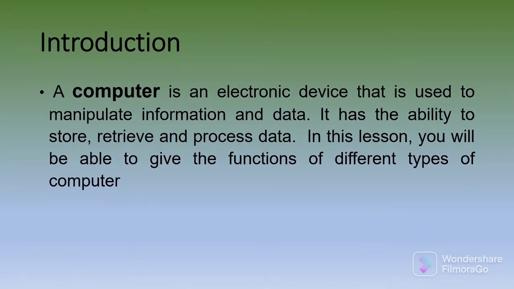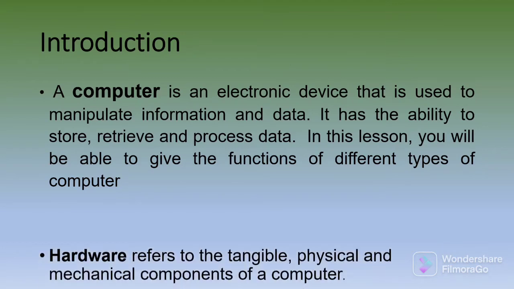A computer is an electronic device that is used to manipulate information and data. It has the ability to store, retrieve, and process data. In this lesson, you will be able to give the functions of different types of computer.